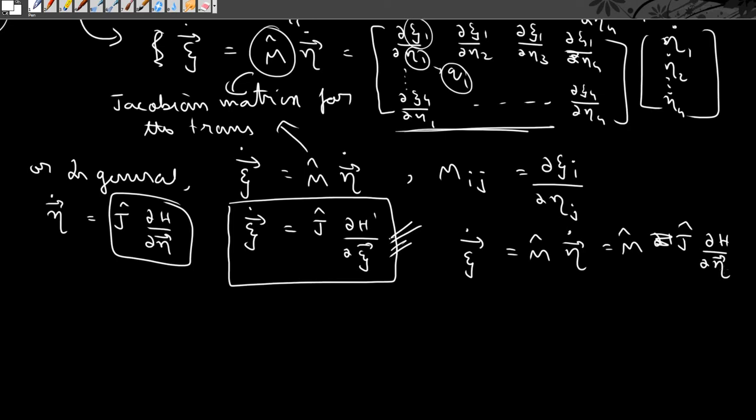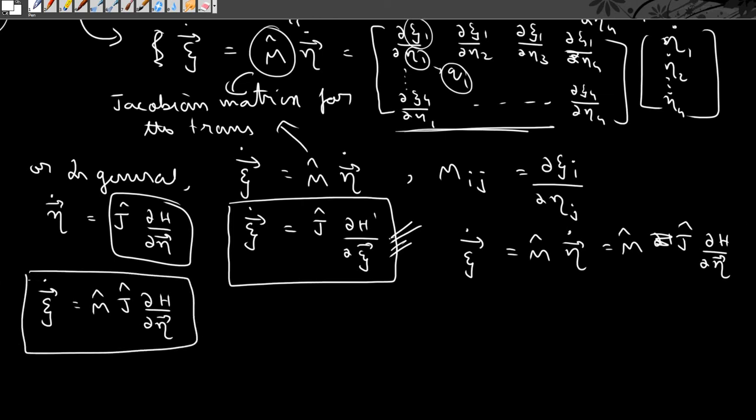Okay, right. Now let us remember this relation: psi dot equals matrix M matrix J times dou H by dou eta.